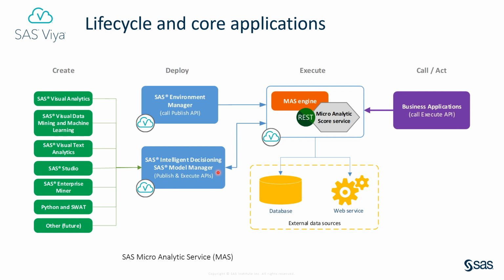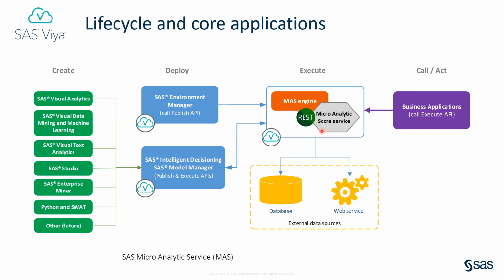Once the model has been deployed, it's ready for a business application to consume. And in the right hand side here, we can see the call or act phase where the business application is calling the SAS Micro Analytic Service, which is represented in this execute phase. There are 3 logical layers to the SAS Micro Analytic Service. We have the REST API, the REST layer.